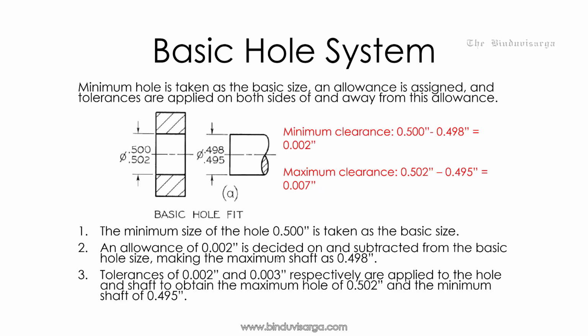The basic size of the hole, 0.500, is taken as the basic size, right? An allowance of 0.002 is decided on and subtracted from the basic hole size, making the maximum shaft 0.498.